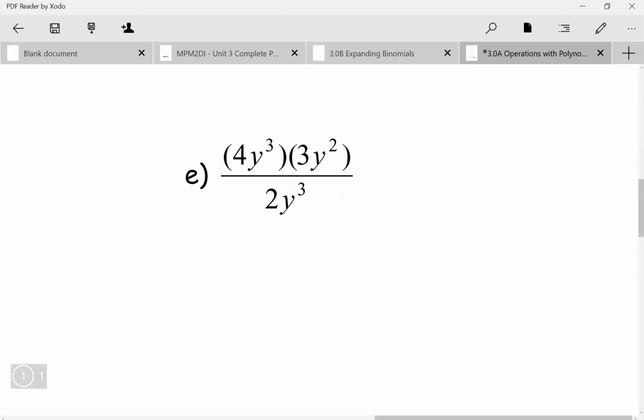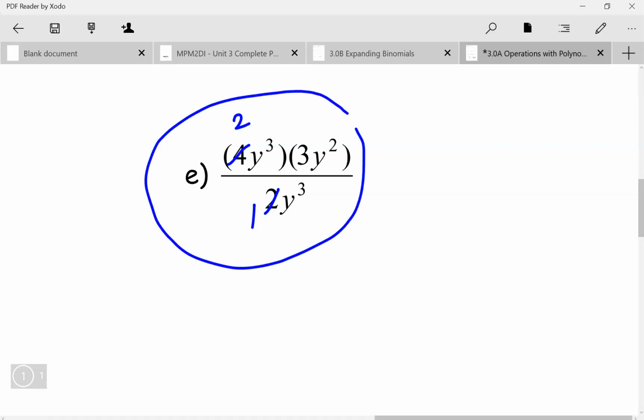Okay, so what we can do first is cross cancel the 2 and the 4 because everything's being multiplied here. Again, this is something that you should be taking care of. You can only cross cancel if it's all just one term. We can see here that all of this is one term because there's no adding or subtracting signs, right?